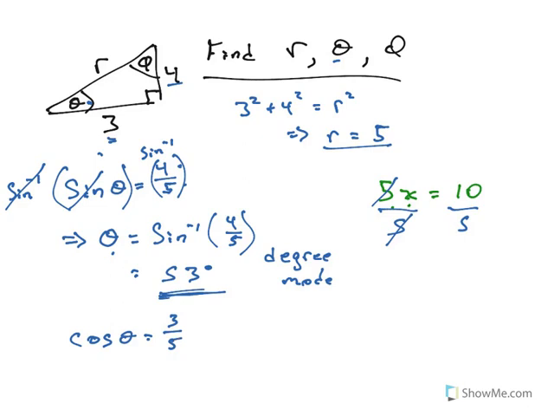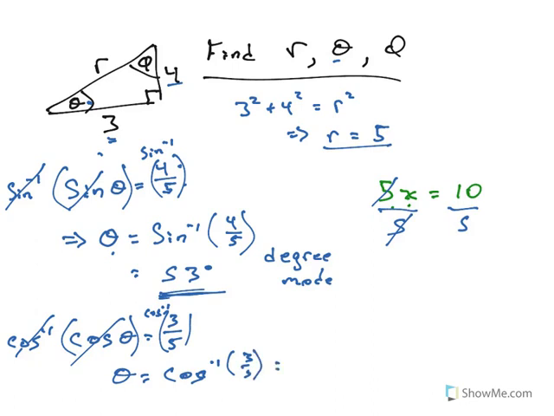And the same kind of thing: in order to get rid of the cosine, I take the inverse cosine. But I also have to do it on the right side as well. Inverse cosine cancels cosine, so I get theta is inverse cosine of 3 over 5. And again, when you plug this in, you get 53.